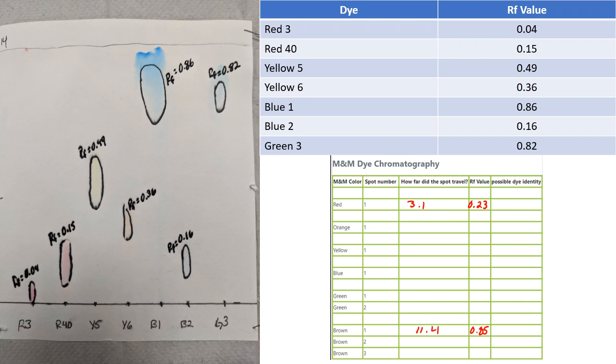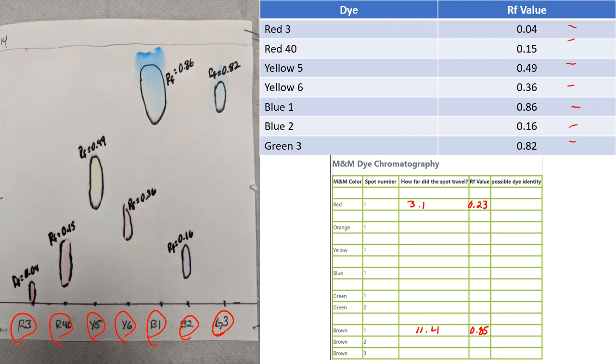So you can see I have red 3, red 40, yellow 5, yellow 6, blue 1, blue 2, and green 3. I ran them just as you did the dyes in the M&Ms, and then I measured and calculated their RF values here. So I'll do the red one for you.